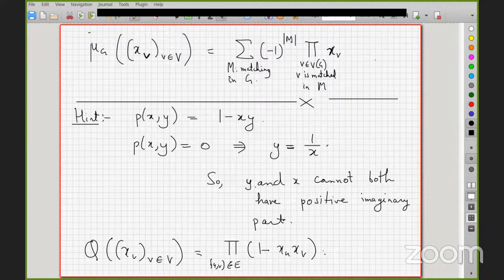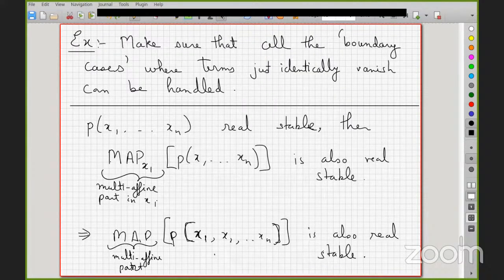And what is the multi-affine part of it? Multi-affine part means the terms in which every variable has individual degree less than or equal to 1.